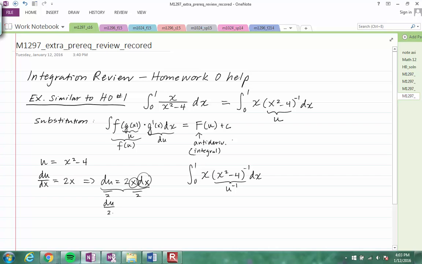And then your little formula here is that to write this integral in terms of u, you're going to use du over 2 substituted in for x dx. So what we just figured out is how to write this integral in terms of u. Oops. Meant to write du over 2.